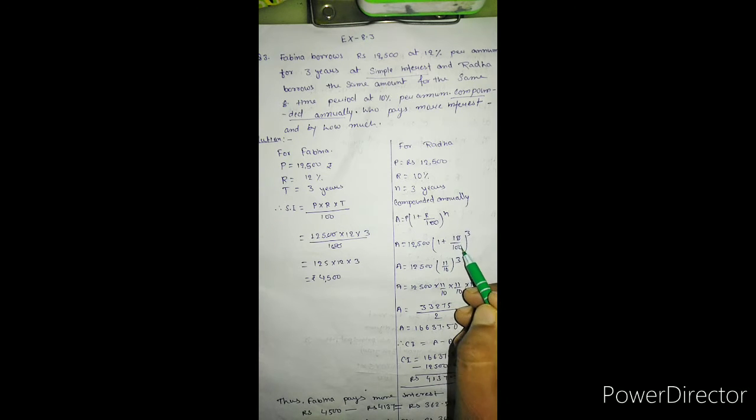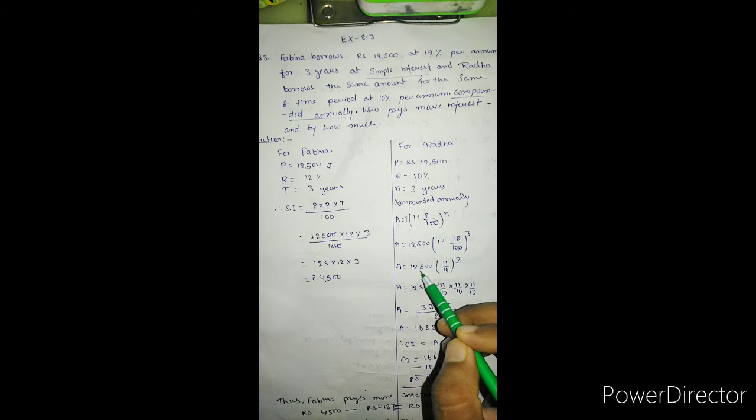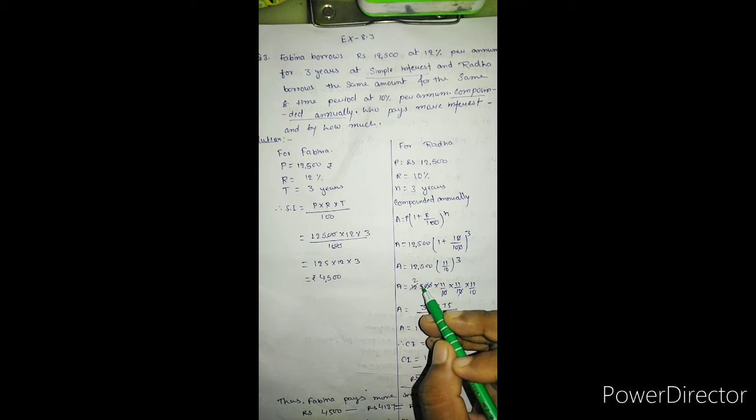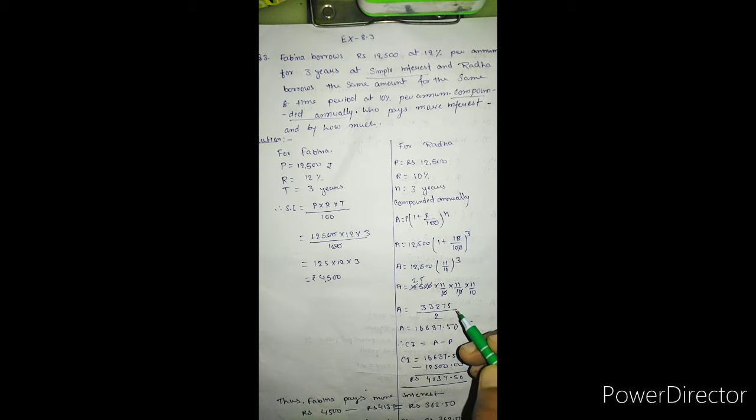Now you can cancel one 0. When we add 1 plus 1 by 10, we get 11 by 10 to the cube. So 12,500 into 11 by 10 to the cube, which means we multiply it 3 times: 11 by 10 into 11 by 10 into 11 by 10. Now cancel 10, 10, then again 10. Now cancel by 5: 5 2s are 10, 5 5s are 25, 5 2s are 10.